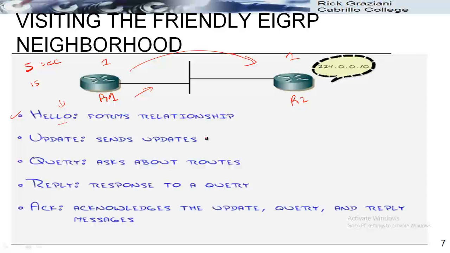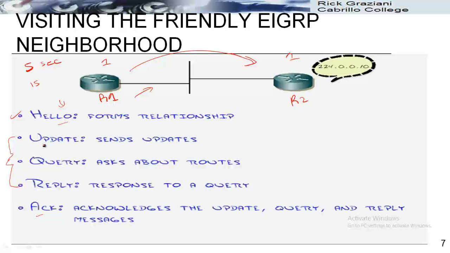Update packets are, I think, somewhat straightforward. You have update, query, reply, and ACK. ACK is sent after each of these 3 packets.